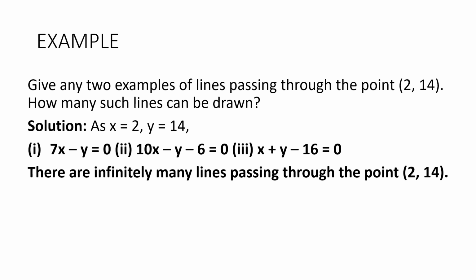So another equation of the line is 10x - y - 6 = 0. Third linear equation which can pass through the given point can be x + y - 16 = 0. x + y is 16, so 16 - 16 is 0. There are infinitely many lines passing through the point (2, 14).